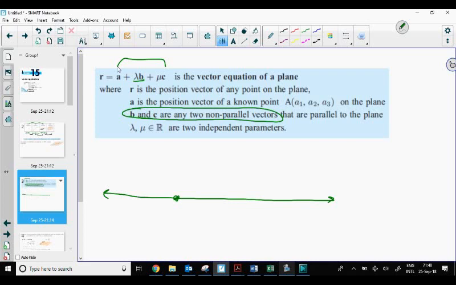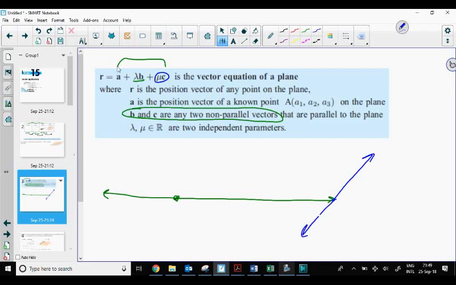But wherever I end up, I'm then going to add another vector. Now, if that other vector was parallel to the first one, then I would still only be able to travel along that line. However, if that second vector is not parallel to the first one, then regardless of what direction it points in, let's say it points in that direction, I can go as far as I want in either of those directions.